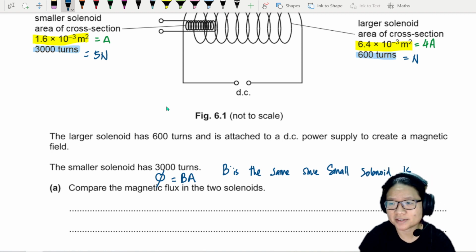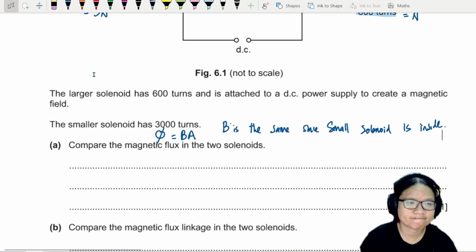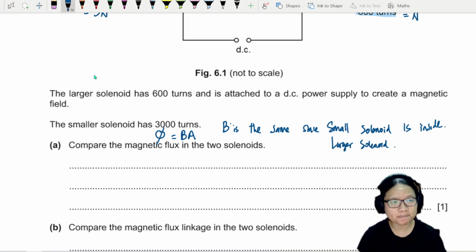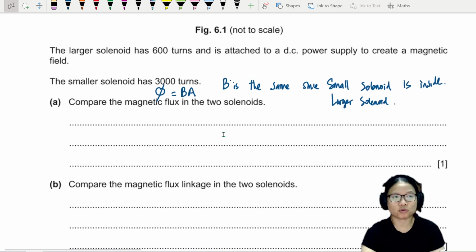They sort of share the same axis inside the larger solenoid. Okay, so which means the only thing that affects the flux is A. So which one has a larger area? Larger solenoid. So you don't really need to explain, you're just asked to compare.